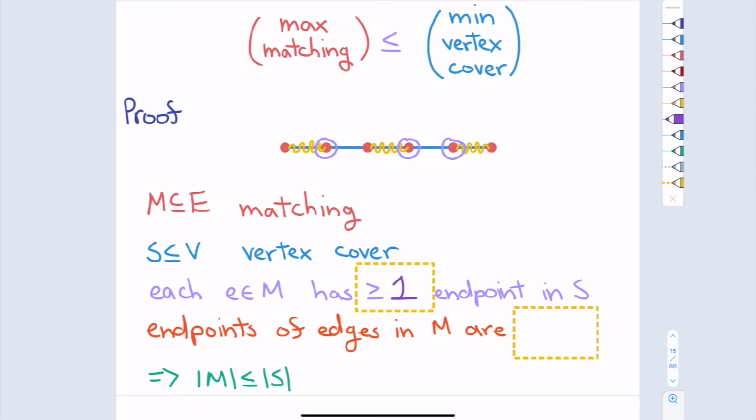On the other hand, because M is a matching, I know that the endpoints of all the edges are distinct.